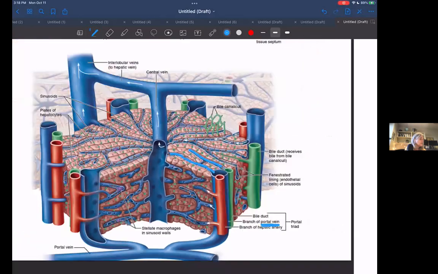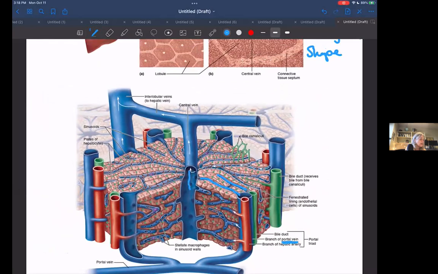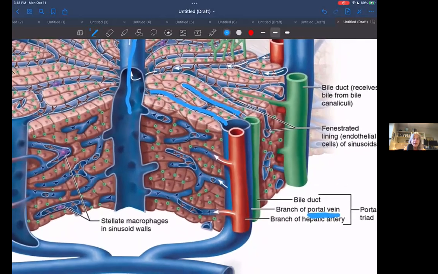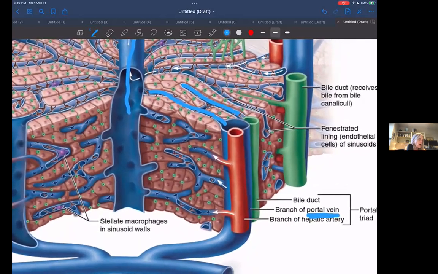And then we have the central canal or the central vein where this goes back out and connects to the vein that then goes to the heart to then go out to the lungs to get oxygen-rich blood. Now, the liver requires a lot of energy, and so that is the artery.